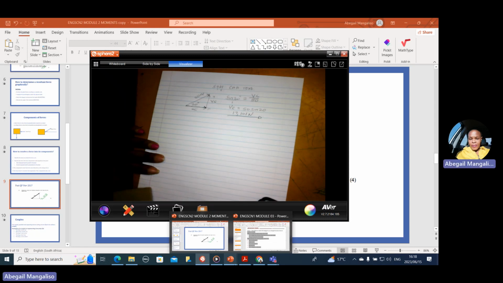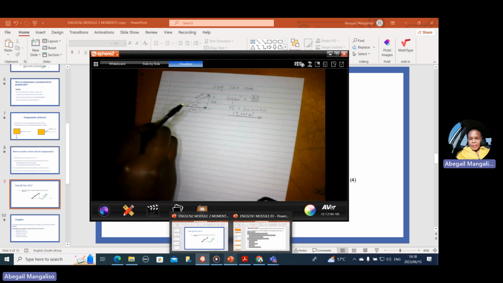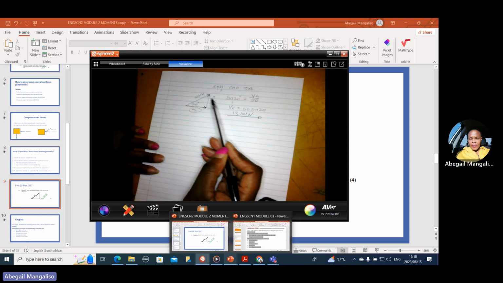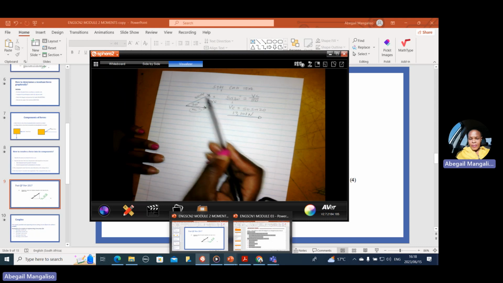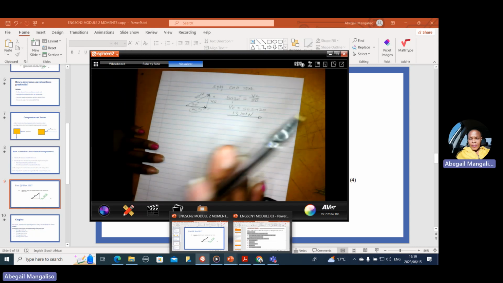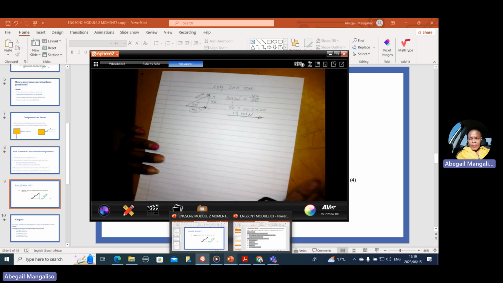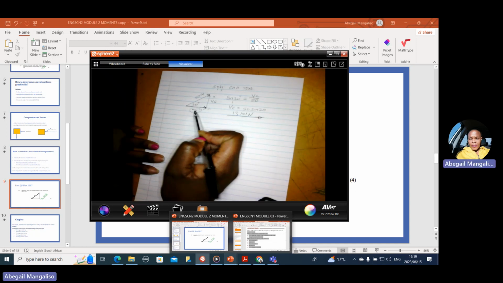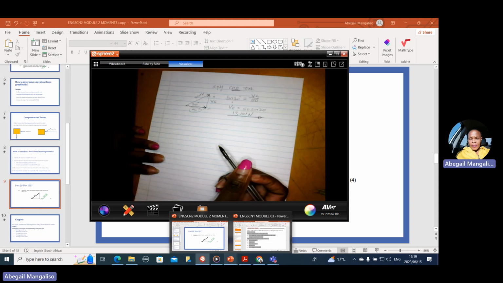The second component, which is the HC, we always use the givens. If the question does not specify, you can still use the Pythagoras theorem to get the missing side when you already have R and Y. You can solve for X. But it is wise to use the givens, just in case this answer is incorrect. Maybe the calculator is not in degrees. This is adjacent side over hypotenuse, adjacent and hypotenuse is the cos of theta.